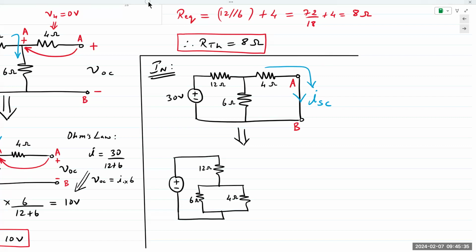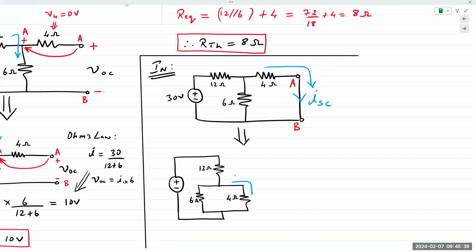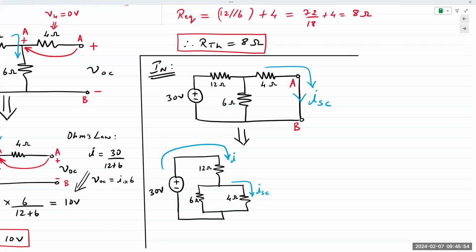Okay, so let's mark out ISC. It would be the current flowing through here. This is the total current that's flowing through the circuit. I'm just going to call it I for now. The 30 volt source.